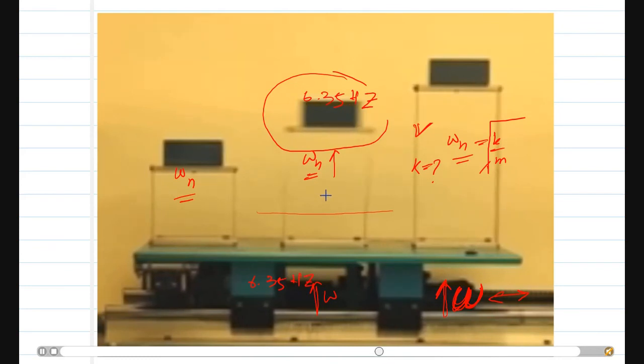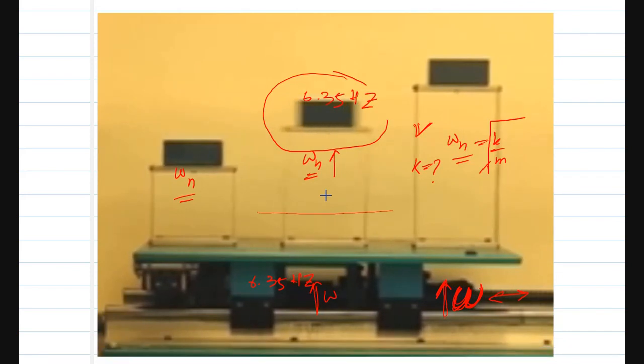And resonance means you see a very high amplitude of vibration, as you can see in this video.